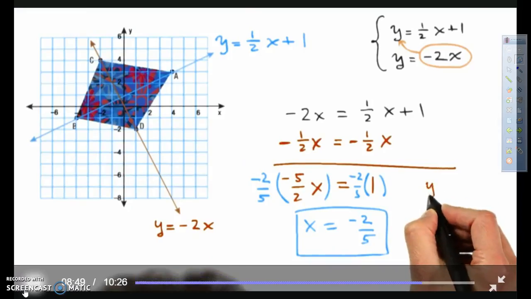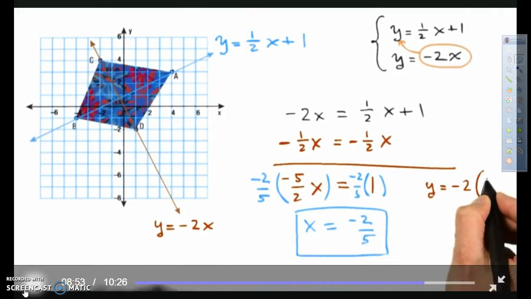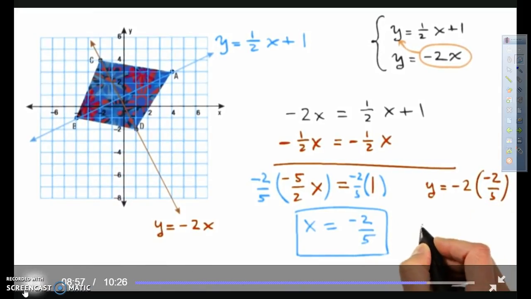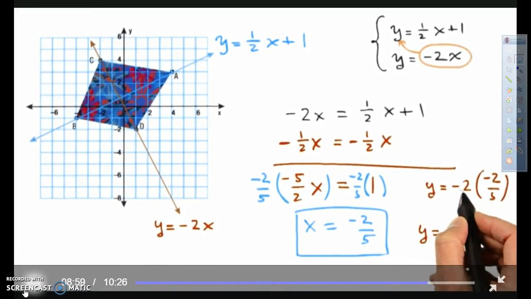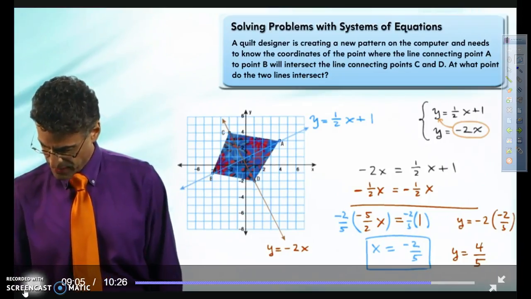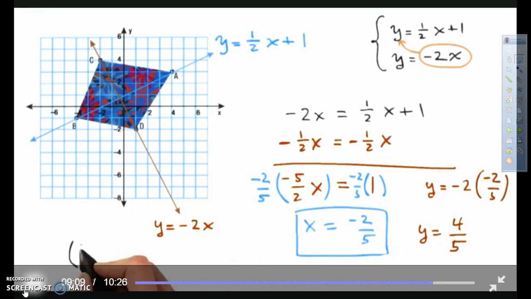If I plug that in for the x, I'm going to see what y equals. So y equals -2 times x, which is -2/5. And that just is easy to figure out. That's y equals, well, a negative times a negative is a positive, and 2 times 2 is 4, so this is 4/5. And so we see the final answer, after all that great work of ours, we have x first. Let's not write it in the wrong order.